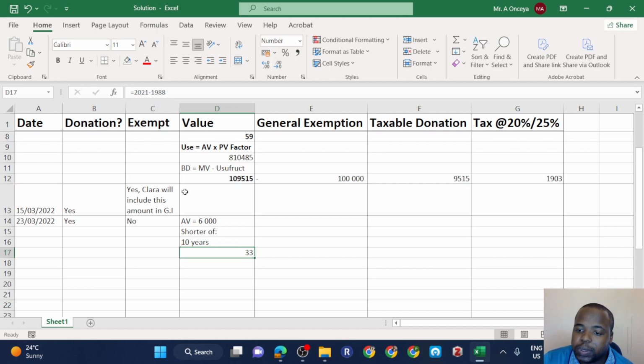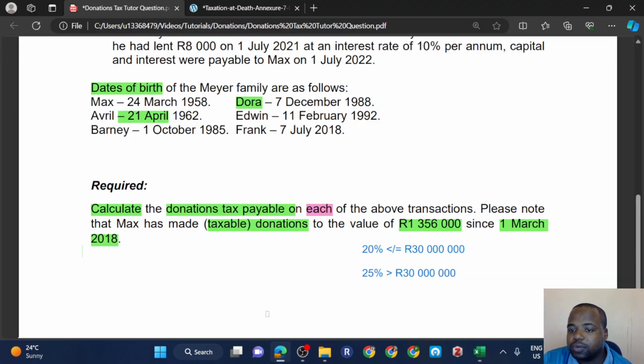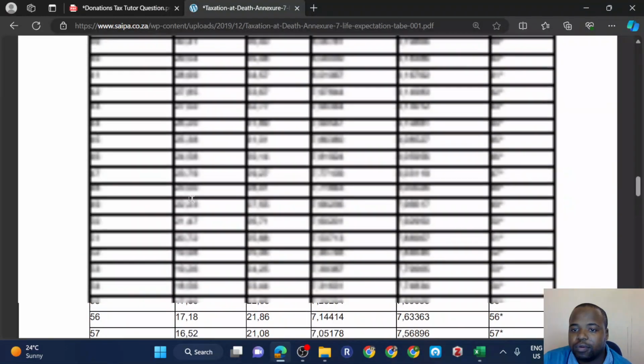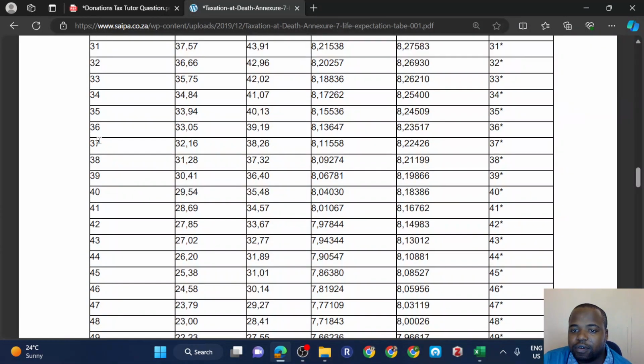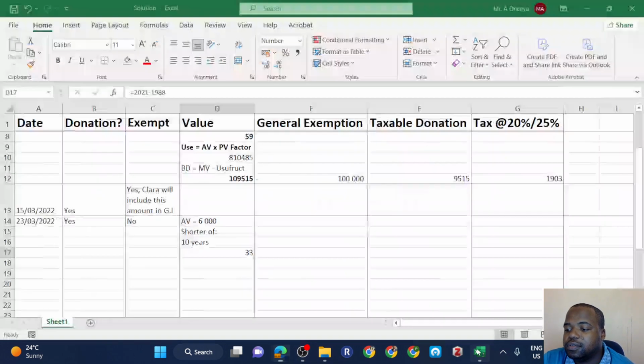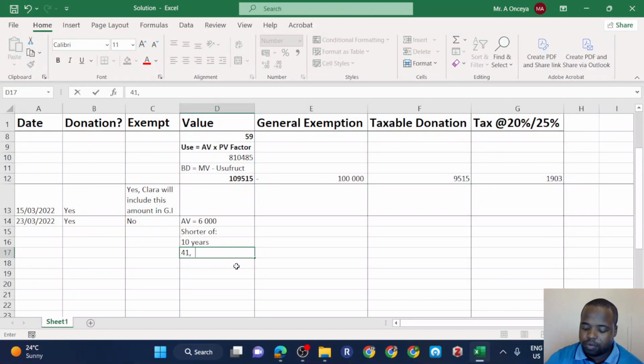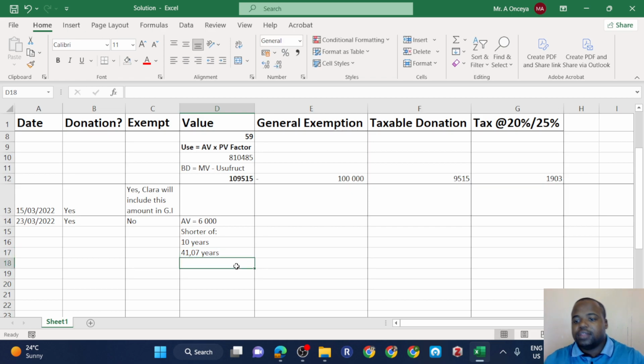She's 33 years old, so we come here and look at 34. Why 34? Because since she's 33, we use the next birthday, so she's expected to live for 41.07 more years. 41.07 years, right?